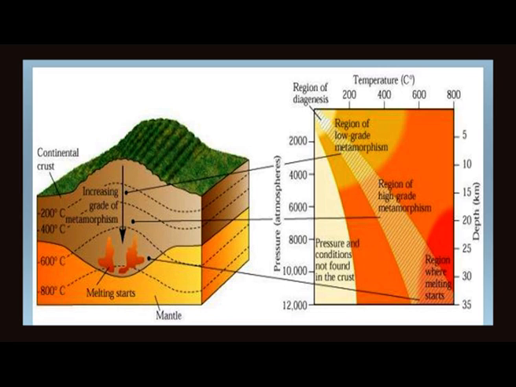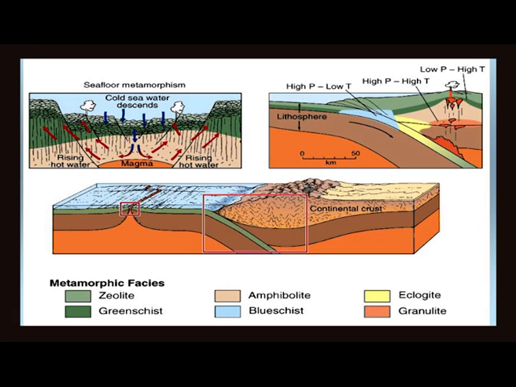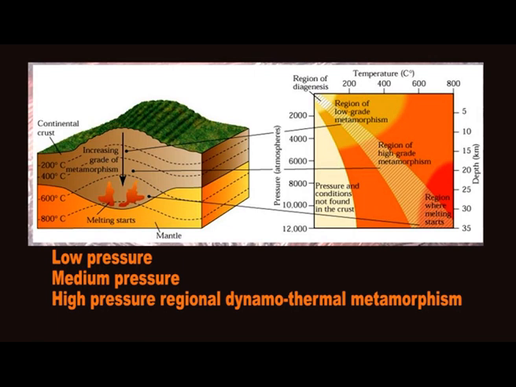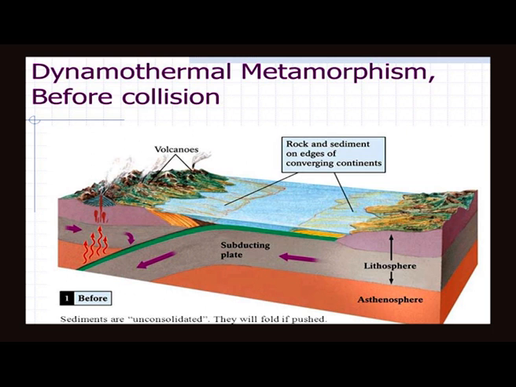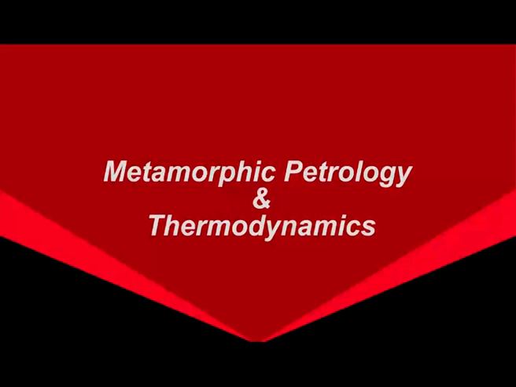Thus, new minerals are formed by metamorphic reaction both during the static phase and post-tectonically, depending upon the load pressure. We have three different types of regional dynamothermal metamorphism: low pressure, intermediate pressure, and high pressure regional dynamothermal metamorphism.